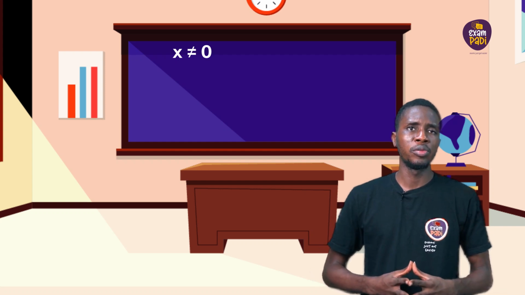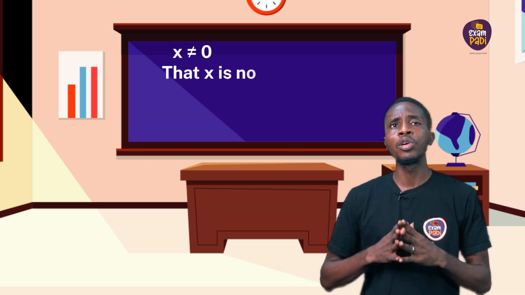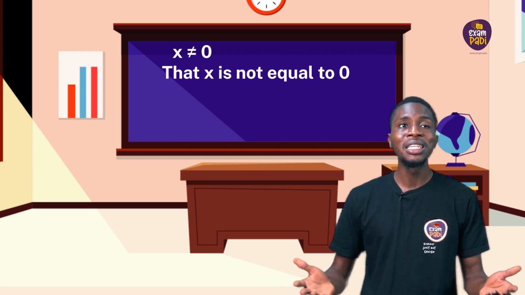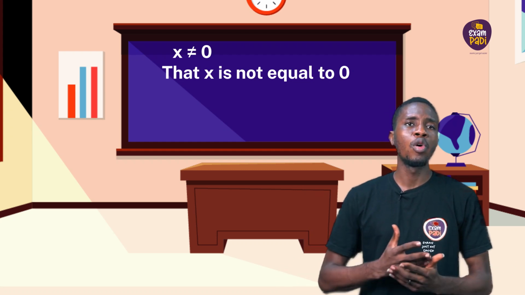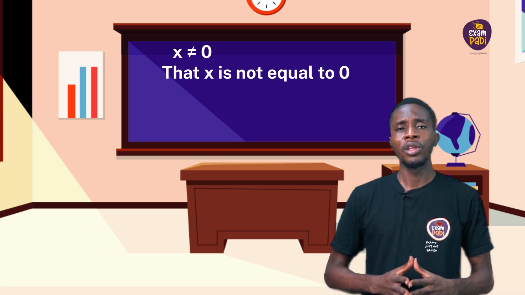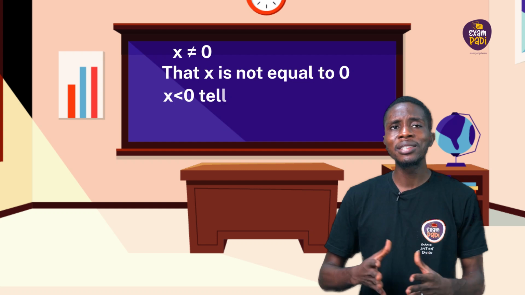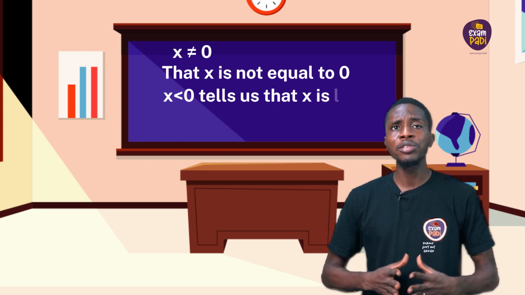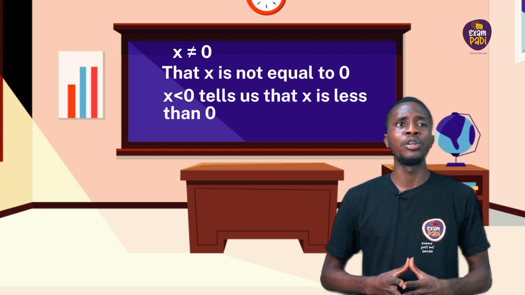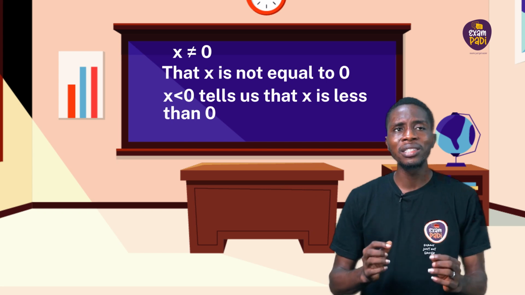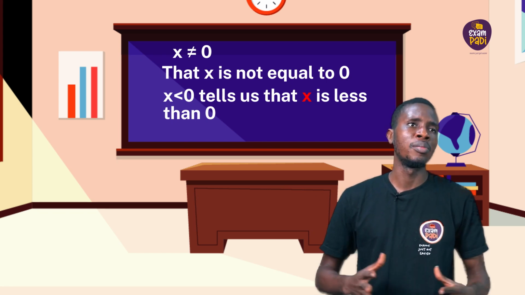For instance, x ≠ 0 tells us that x is not equal to 0, meaning it can be any positive or negative number. On the other hand, x < 0 tells us that x is less than 0, indicating that x must be a negative number.